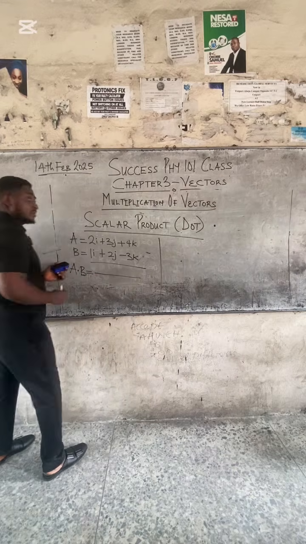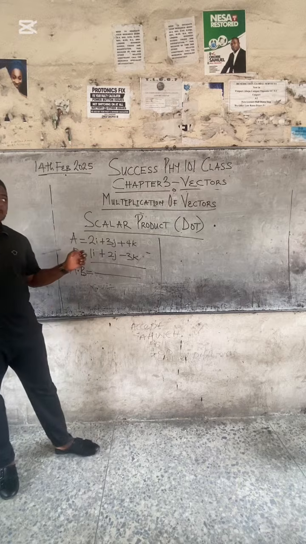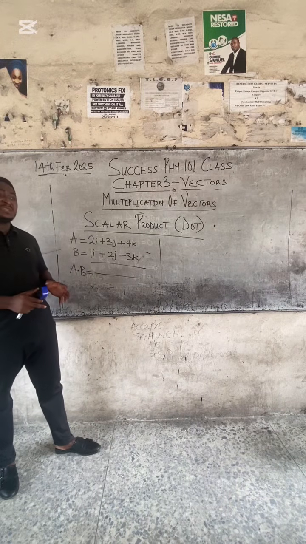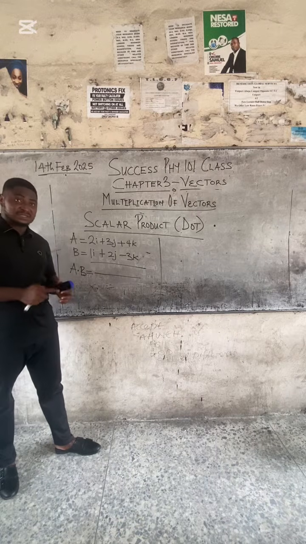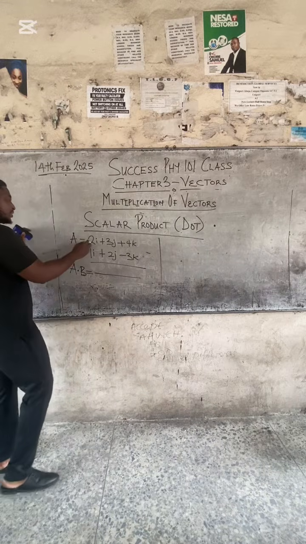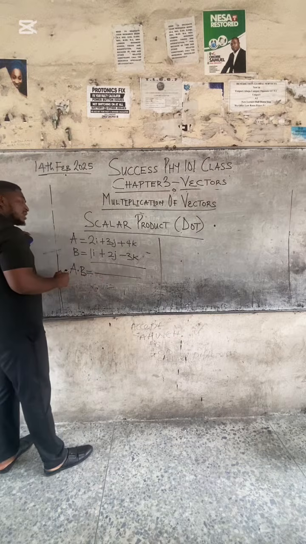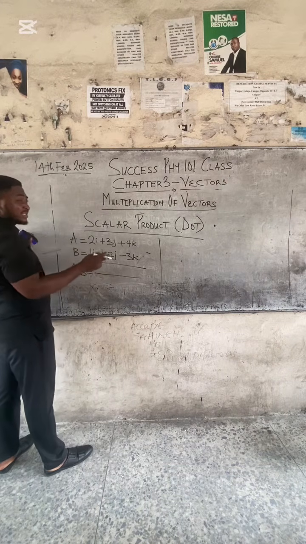Class, remember, we gave you the rules for the dot product, also called the scalar product. The scalar product rules tell us that only similar vectors will give you a reasonable answer. When you multiply different vectors, the answer is what? 0. So when I want to multiply these two vectors, I will take I to I, J to J, and K to K. I does not need to go to J, I does not need to go to K, because the final answer is 0.